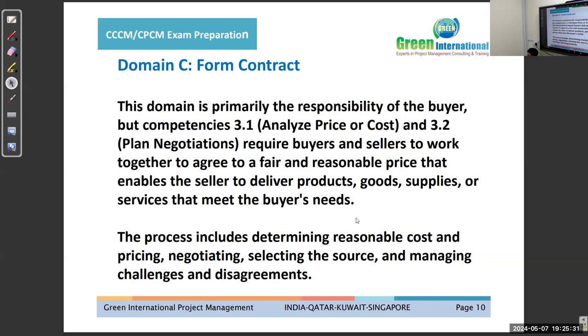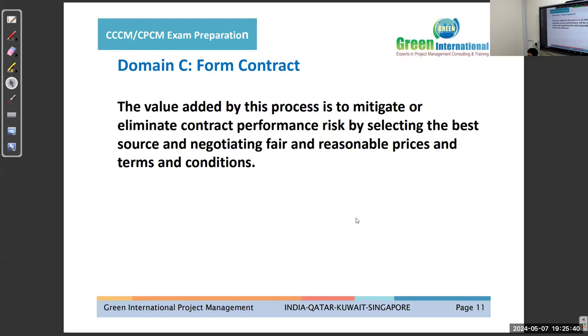The process includes determining reasonable cost and pricing, negotiating, selecting the source, and managing the challenges and disagreements. The value added by this process is to mitigate or eliminate contract performance risk by selecting the best source and negotiating fair and reasonable prices and terms and conditions.